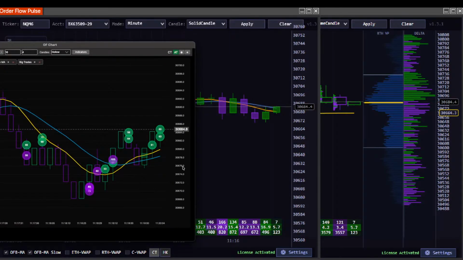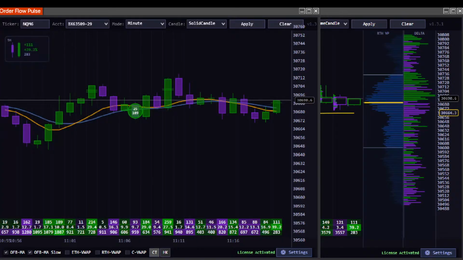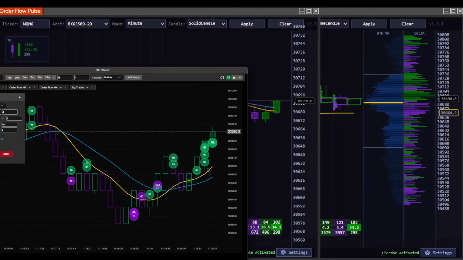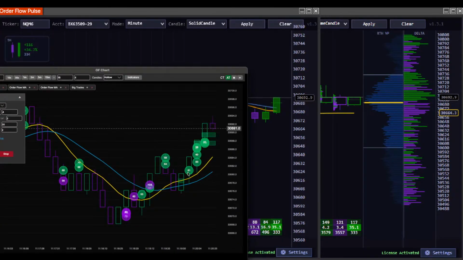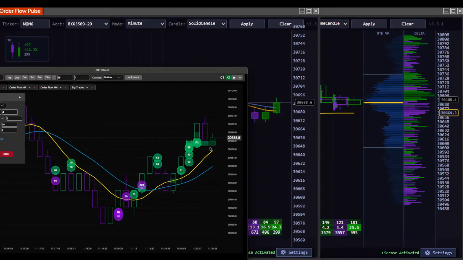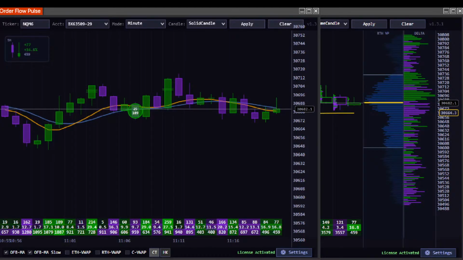See right here, it more than likely would have taken that trade right there. It would have gotten in here, and probably would have gotten out right there. I can't see, the screen's too short.